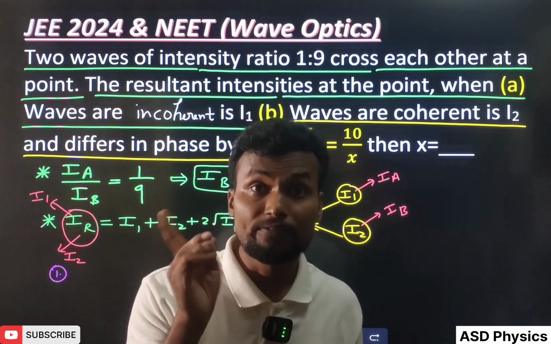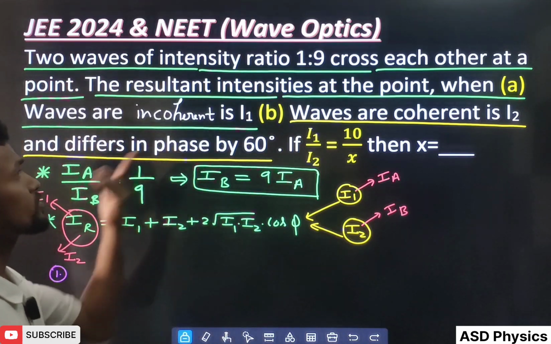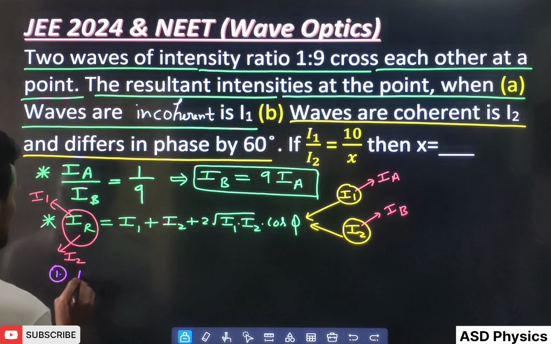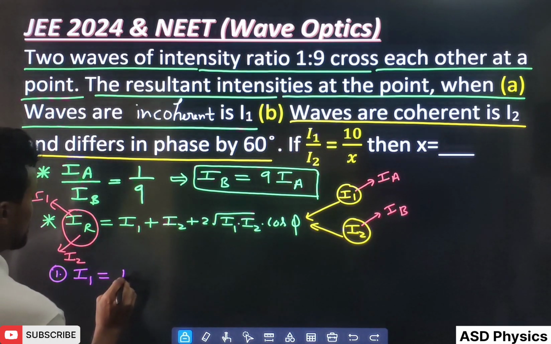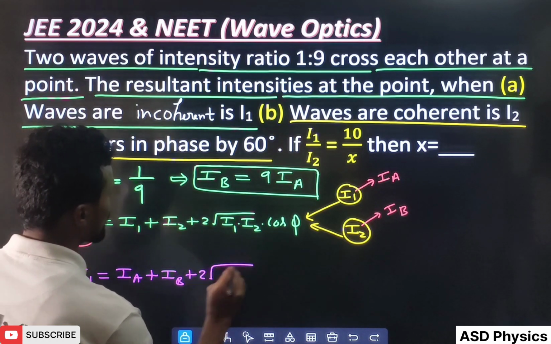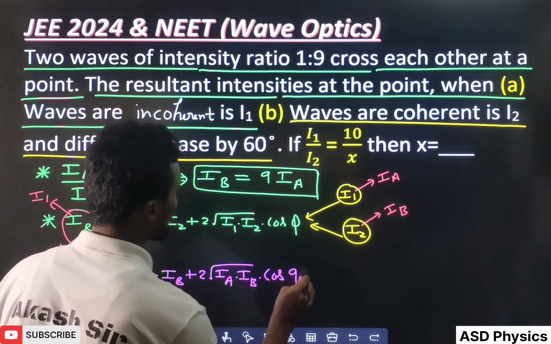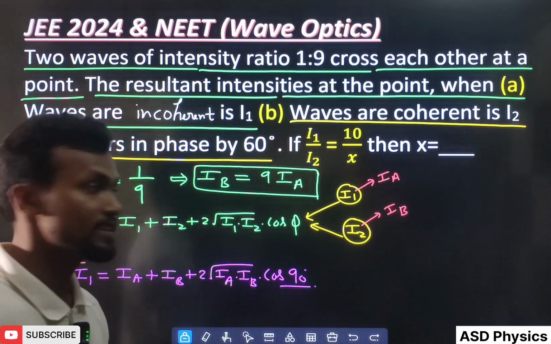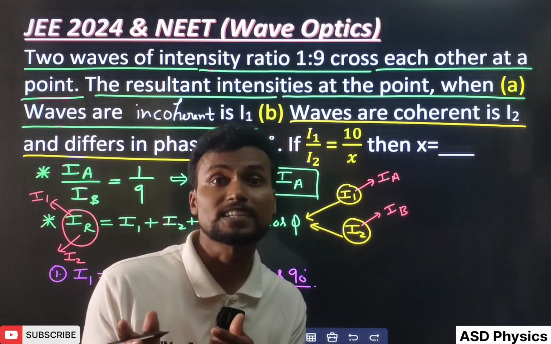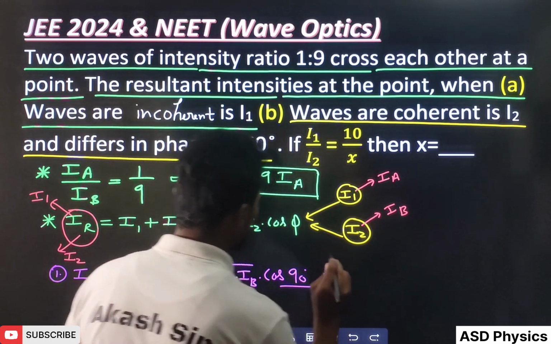For incoherent waves we take the phase difference between the waves as 90 degrees, so the cos value will be 0, because cos 90 is 0. So for the first situation, I1 is IA plus IB plus 2 root IA into IB, with cos 90 for incoherent waves. In Young's double slit experiment, interference will not be possible in this situation, but anyhow they are telling us the situation.